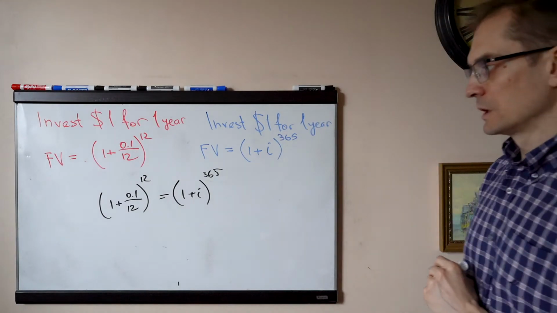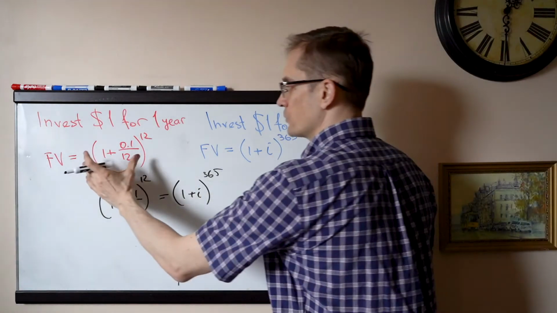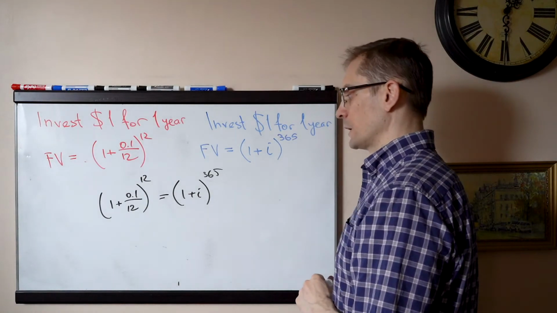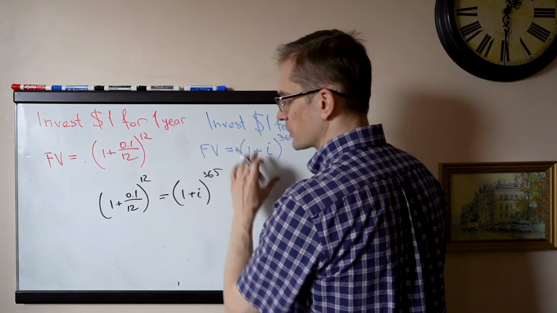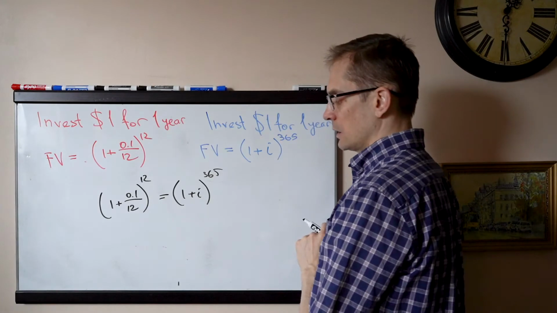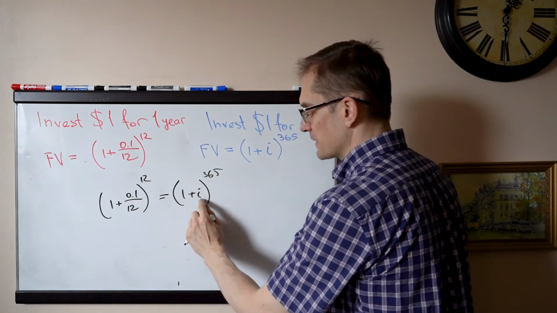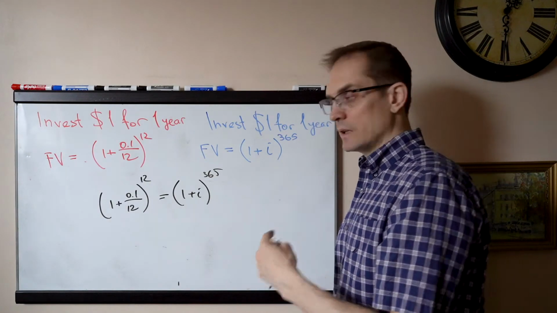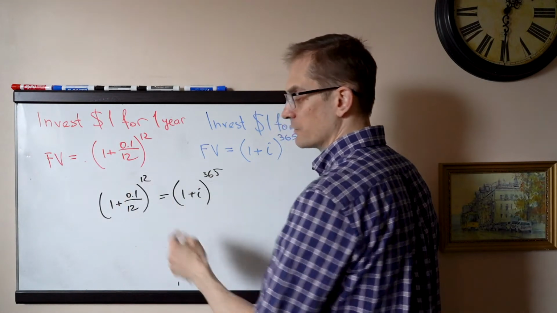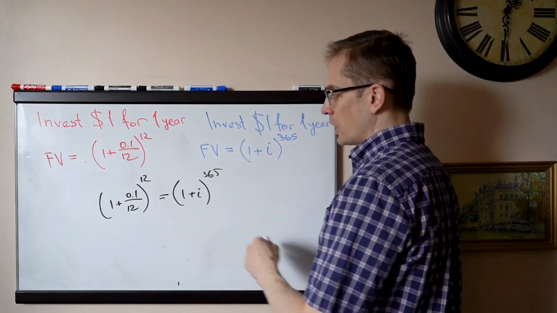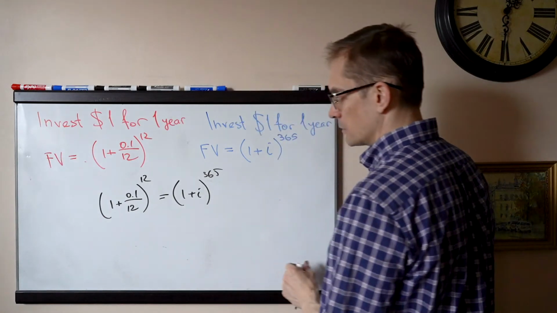So that's what the equation must be. So this future value must be equal to that future value. And if that is the case, after 1 year, what that equation will imply is that this I will give you the same benefit as that 0.1 divided by 12 as periodic rate. Okay, so how do we find this I from here?